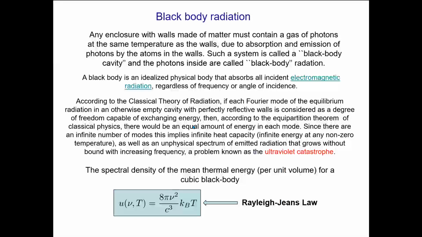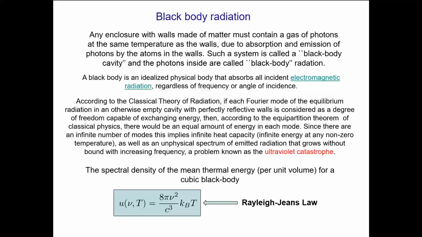Now, black body radiation. Maybe some of you already heard about black body radiation, but let me explain the meaning of that. So let's consider some enclosure with walls made of matter. Such an enclosure must contain a gas of photons at the same temperature as the walls due to absorption and emission of photons by the atoms.